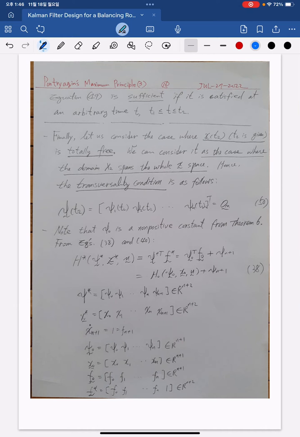Equation 49 is sufficient if it is satisfied at an arbitrary time between t1 and t2.